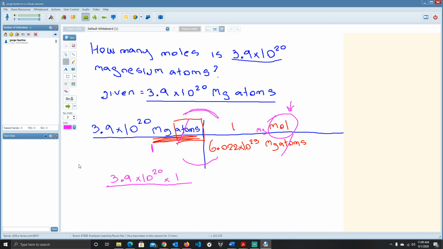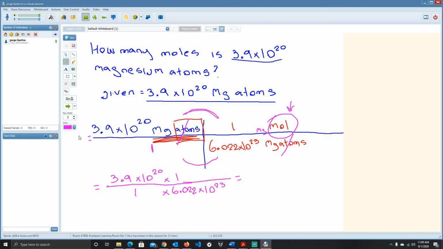I just put a 1 here just to explain this. So we have here now 1 times 6.022 times 10 to the 23, right? That's what we have. So let me just put here equal just to make sure that we're talking about the same thing. And then put in the units just to make it easier.